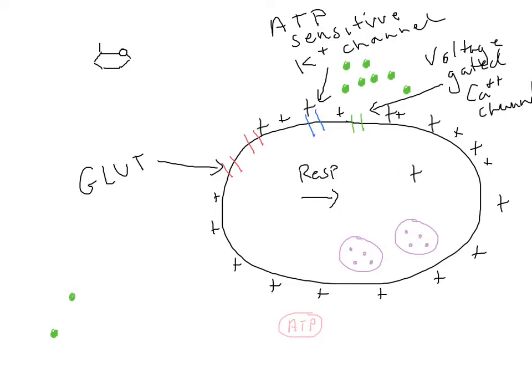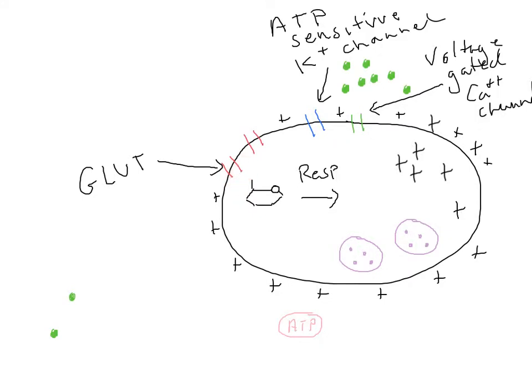I'll just bring those potassium ions back into the cell for a second to illustrate the next bit of the story. So what happens is glucose levels increase. Along comes a glucose molecule and enters into the beta islet of Langerhans cell by facilitated transport through one of these glucose transport molecules, a facilitated transport protein in the cell surface membrane, represented by these red lines.